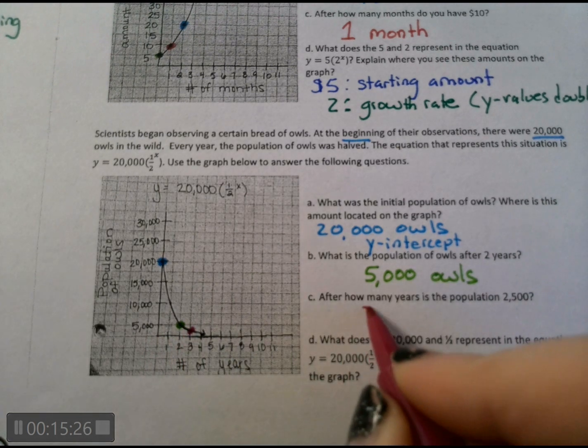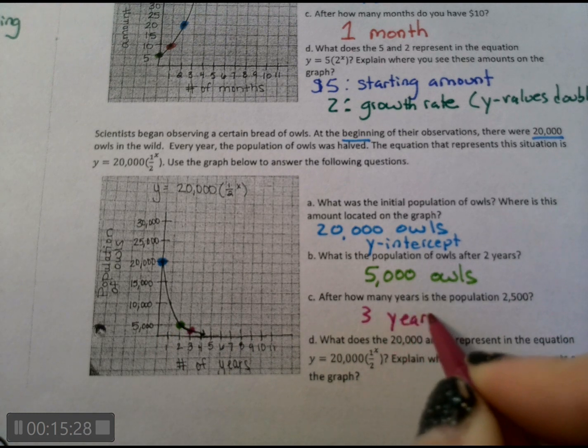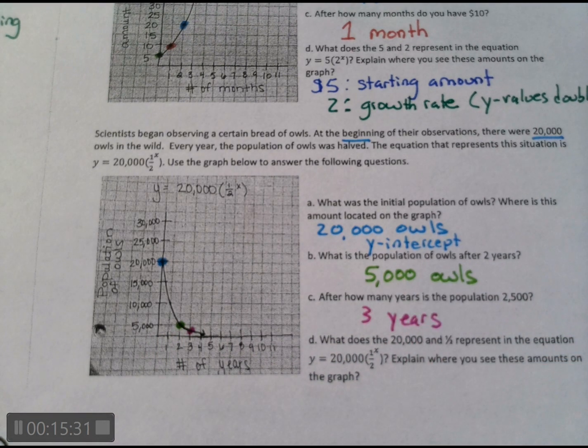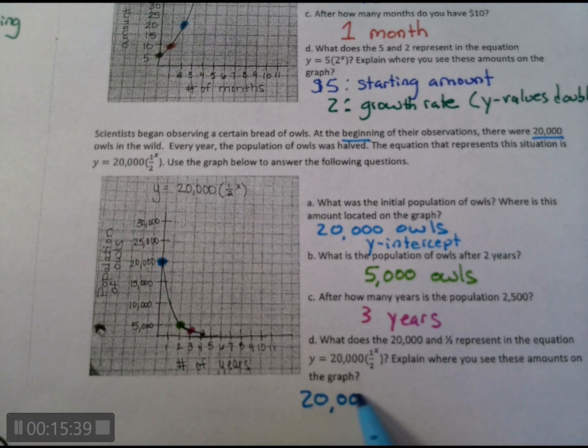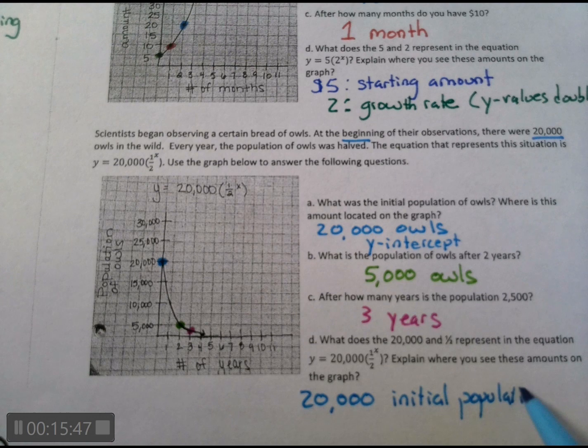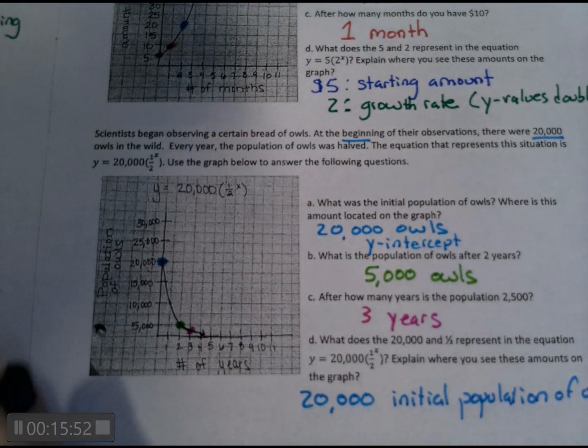And so that would be 3 years. So then, what does our 20,000 represent? Our 20,000 was our initial population of owls. Oops, sorry.